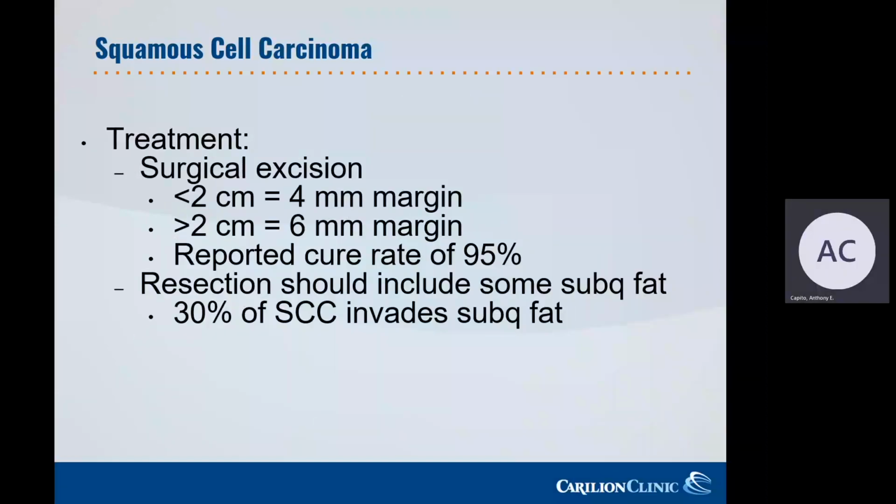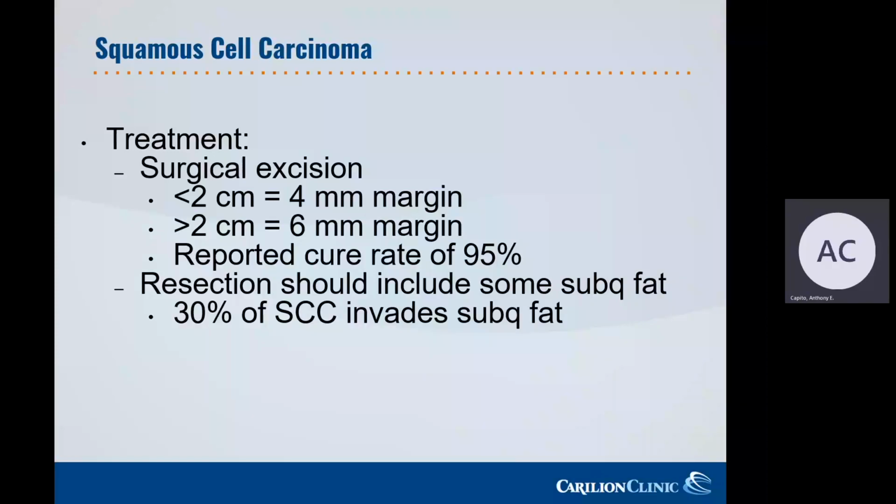So we were talking about surgical margins earlier. The treatment for squamous cells, so if it's less than 2 centimeters, remember, measure the lesion. A 4 millimeter margin should give you a greater than 95% chance of cure, which means a clear margin. If it's greater than 2 centimeters, then they recommend a 6 millimeter margin just to ensure that you have a clear margin and don't have to do repeat surgery.